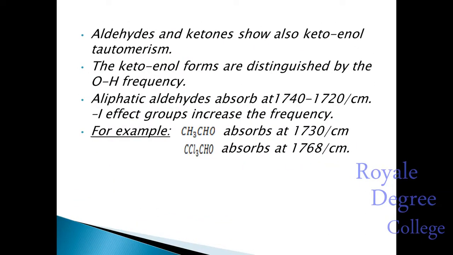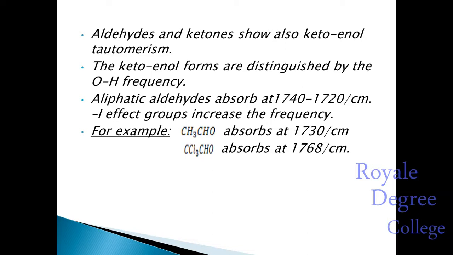Aldehydes and ketones also show keto-enol tautomerism, that is the keto group converted to enol group, and the enol group again converted back to the keto group. So the keto-enol forms are distinguished by the O-H frequency.